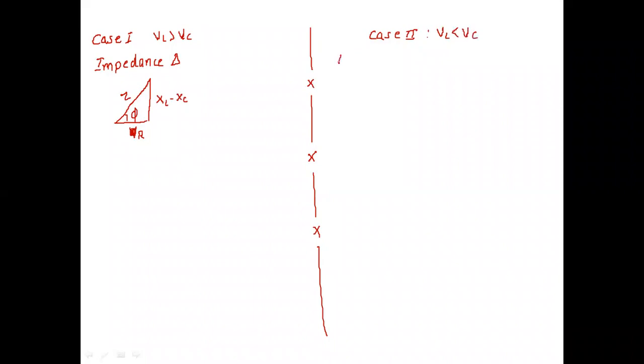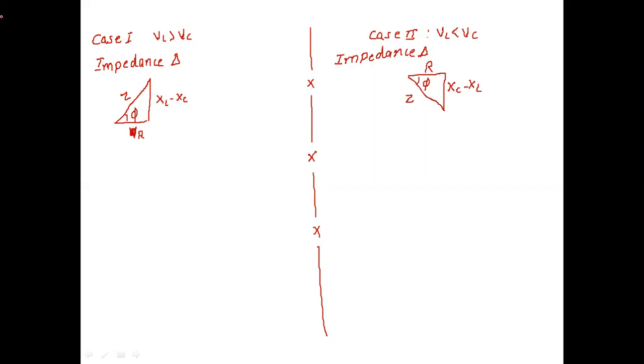In this case second, how can I draw that impedance triangle? The triangle remains the same. Here I can represent R, this is XC minus XL, and this is Z, this is the phase angle phi.